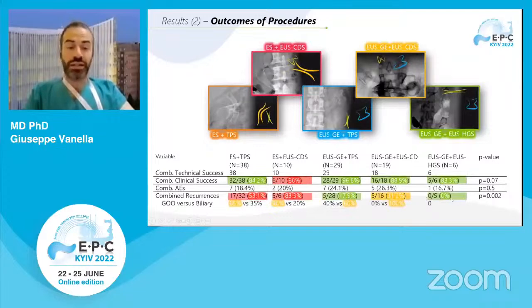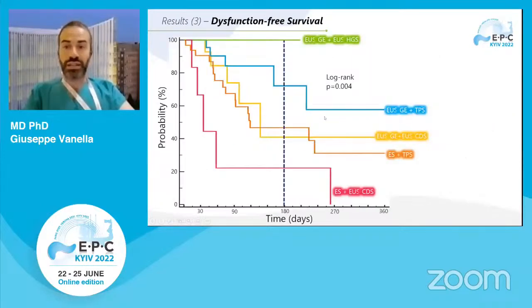But above all, we analyzed the different risk of dysfunction during follow-up, ranging from the null rate of gastrojejunostomy plus hepatogastrostomy, 18% rate of gastrojejunostomy plus transpapillary stenting, 30% rate of gastrojejunostomy plus EUS-guided cholecystostomy, while we had a significantly higher rate for enteral stenting plus transpapillary stenting and enteral stenting plus EUS-guided cholecystostomy, 83% risk. And this is also confirmed at the Kaplan-Meier estimator of dysfunction-free survival.